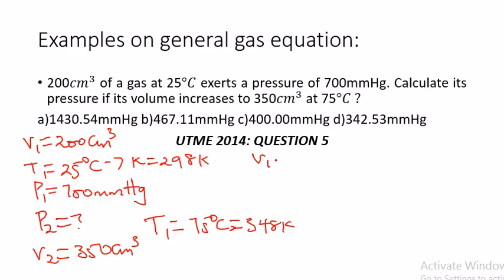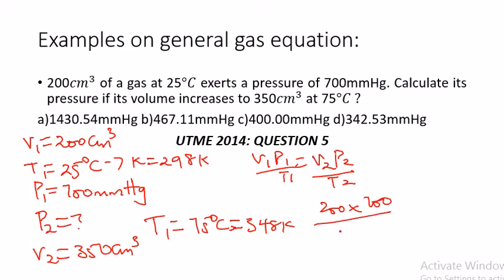Using the general gas equation, your T2 is 348.